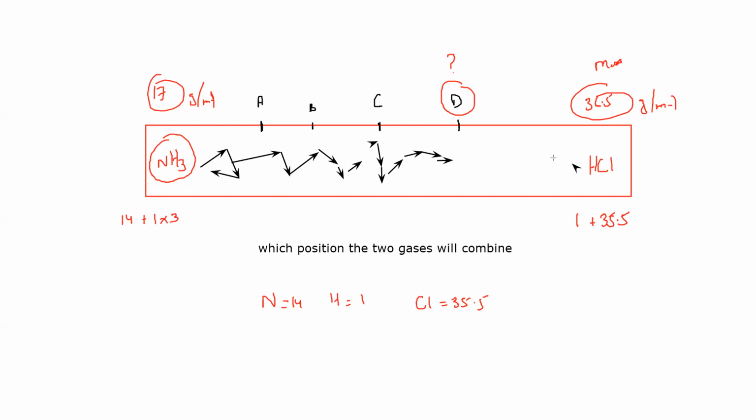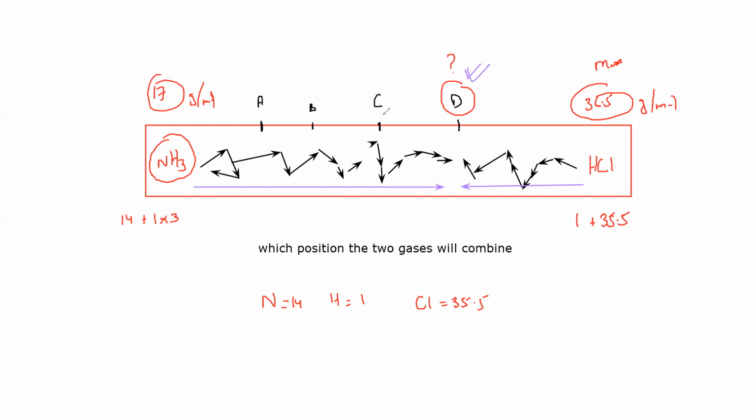HCl is a heavy gas, so it will move slower. So NH3 will cover a greater distance as it is lighter, and HCl will cover a short distance because it is heavy and moves slower. So the likely position where the two gases will join is D.